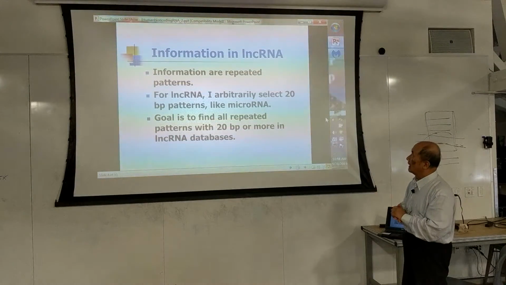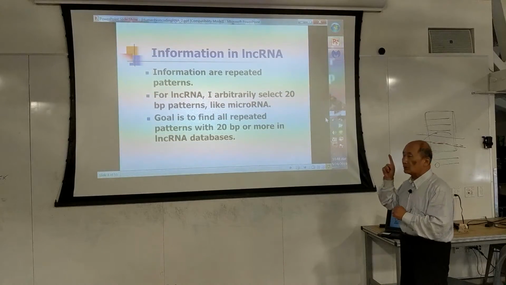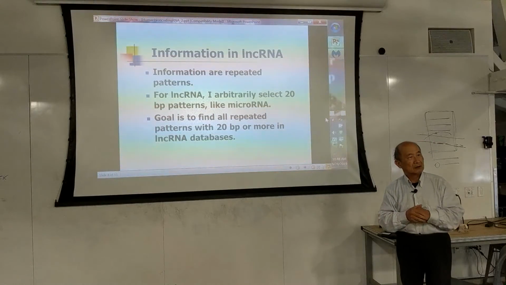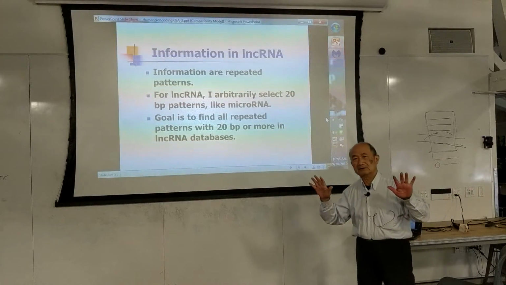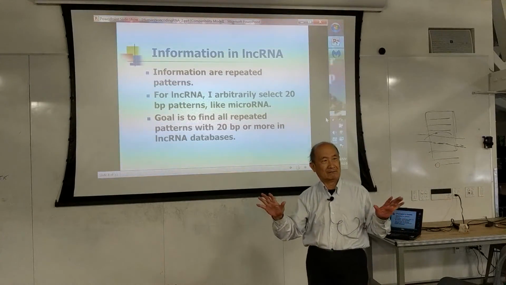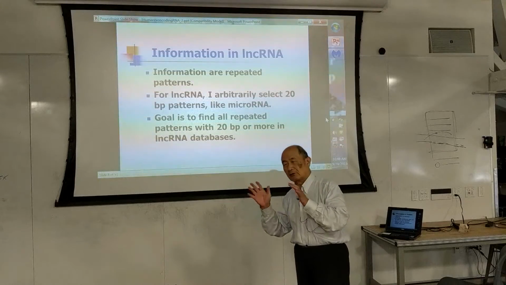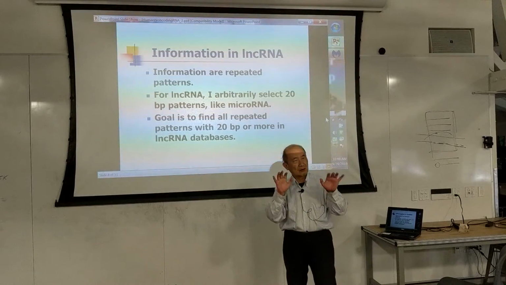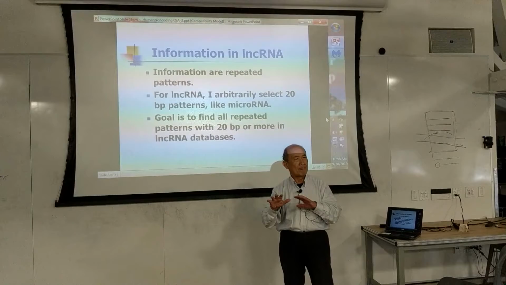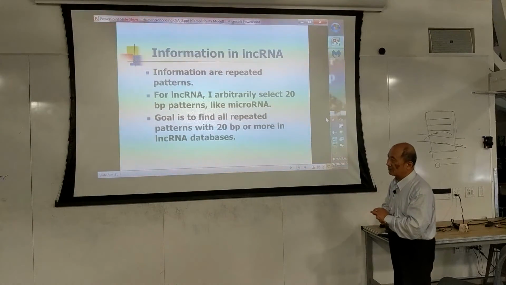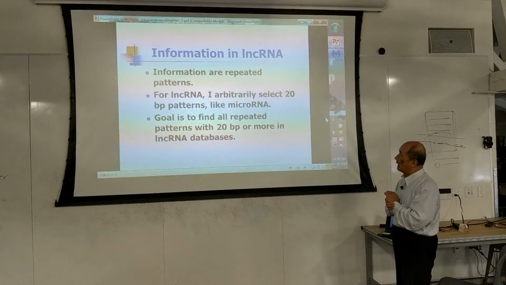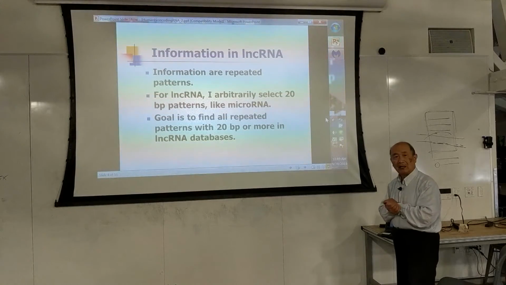Patterns which are not repeated generally do not have meaning. If you want to search for meaning, you look for repeated patterns. And when a pattern is repeated a lot of times, it has importance, significance, and meaning.